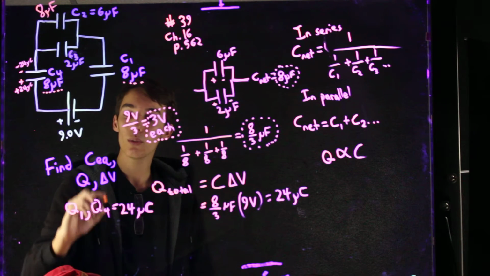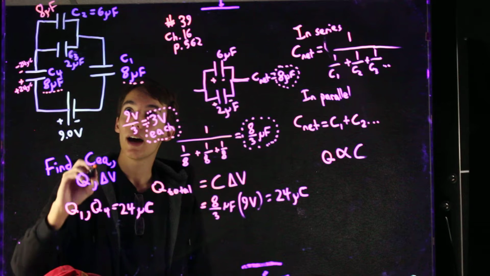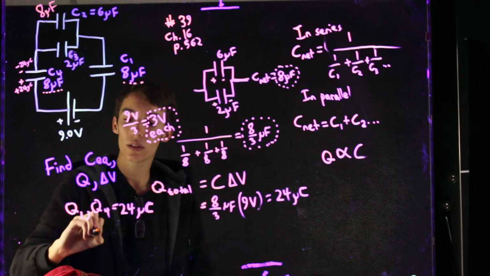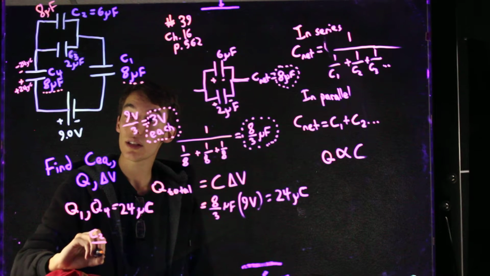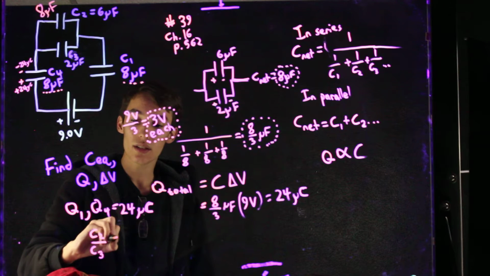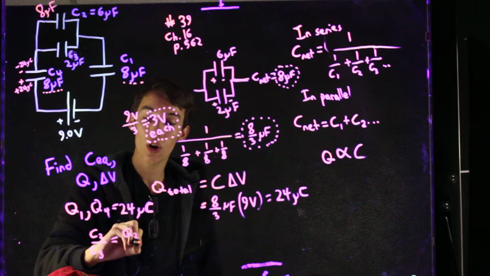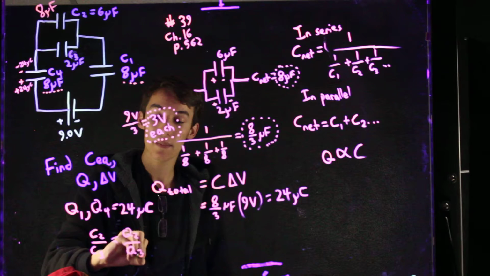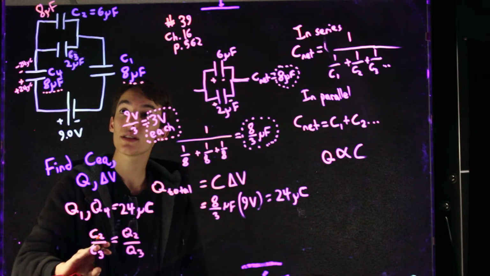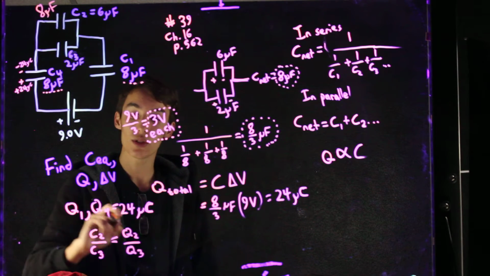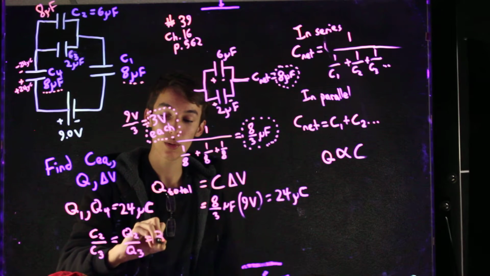So we can calculate that since C2 over C3 is equal to the charge on 2 over the charge on 3, and since C2 divided by C3 is 6 divided by 2 is 3, we know that this is equal to 3.